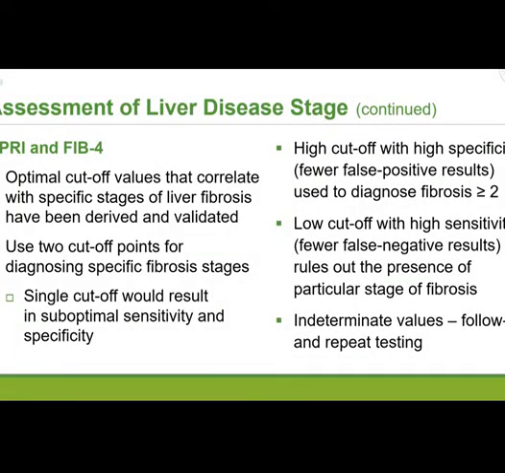So there are optimal cutoff values that correlate with the specific stages of the disease. As I have already showed, in APRI the lower cutoff is 0.5 and upper cutoff is 1.5, and in FIB4 it has a lower cutoff 1.45 and upper cutoff of 3.25.